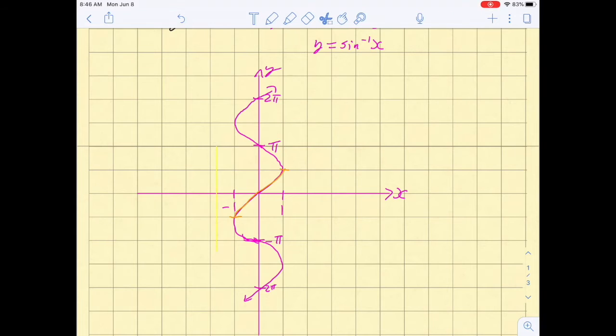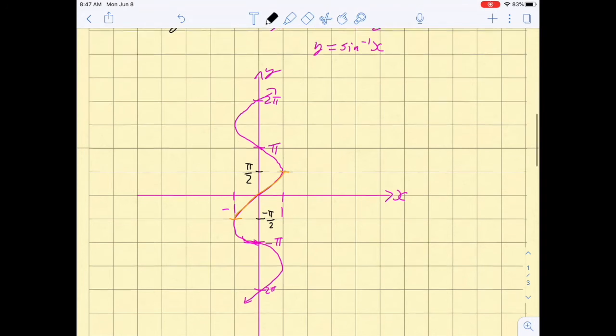I can drag that straight across without ever passing that orange line more than once. It works nicely. All right. So that is from halfway between 0 and pi, or pi over 2. So that's negative and positive pi over 2.